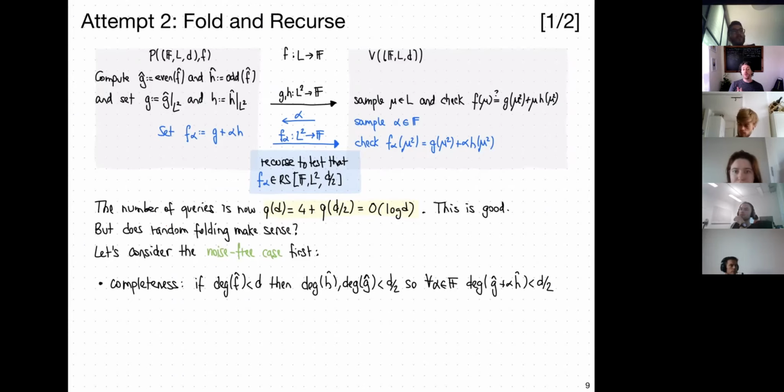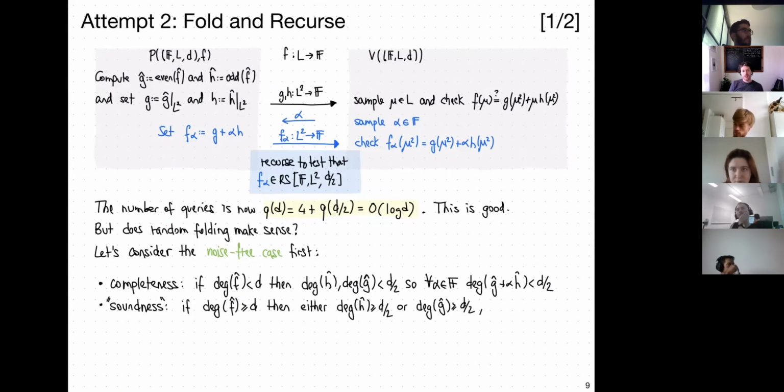When we break it into two parts, each one of the parts would be of degree at most d/2, and then when we take any random linear combination of them, it would be of degree at most d/2, right? If you take two polynomials of degree d/2 and put them together, the degree can't increase. There might be some cancellation, and it would drop to d/2 - 1, but it can never increase. So this is nice.